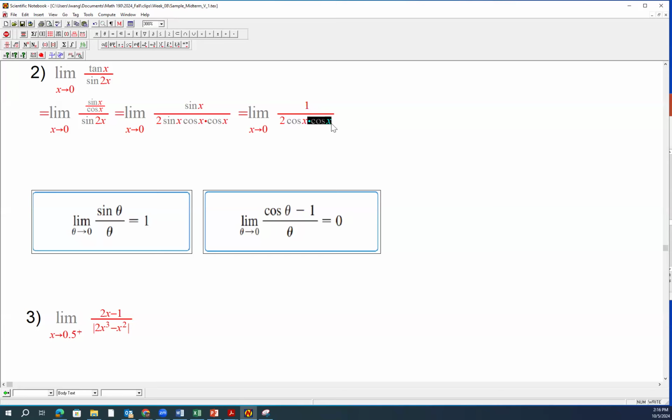So we get a cosine x over 2 cosine squared x, and this is a direct substitution. We didn't get to use the two big identities. Replace x by 0, so this answer is 1/2. That's the wrong question.